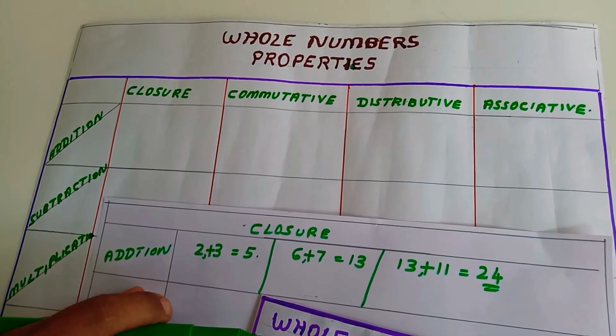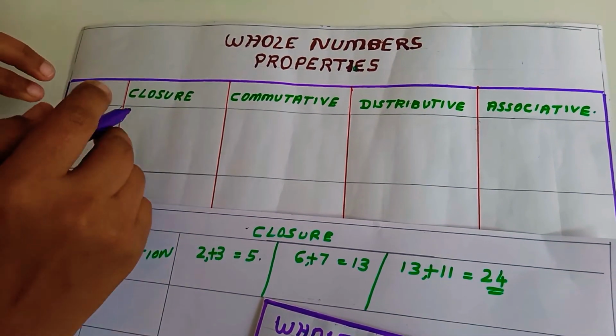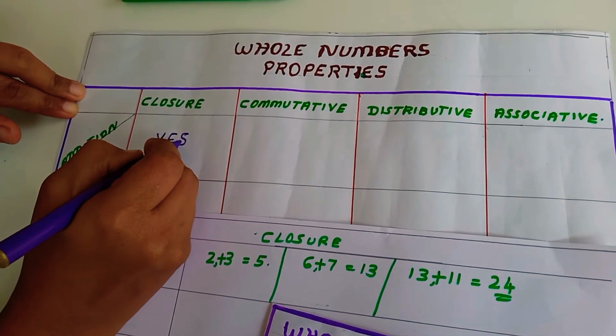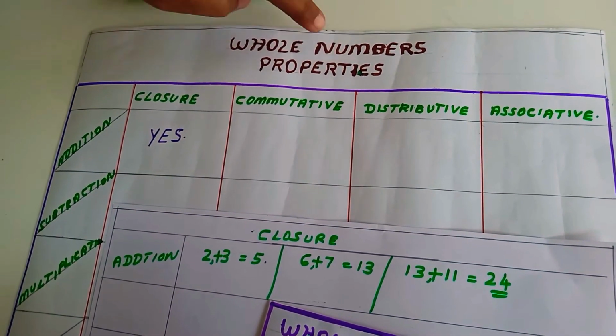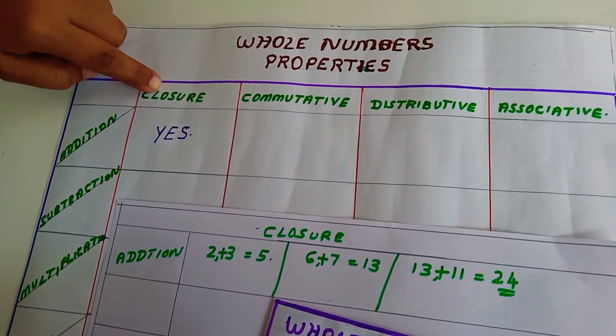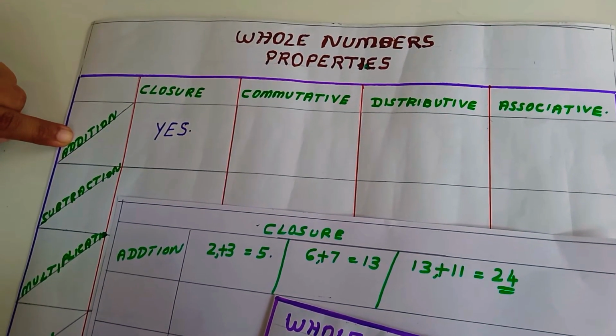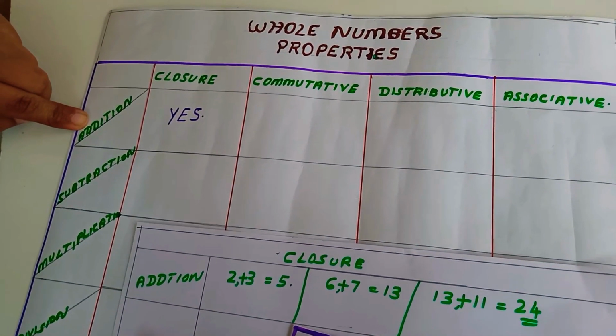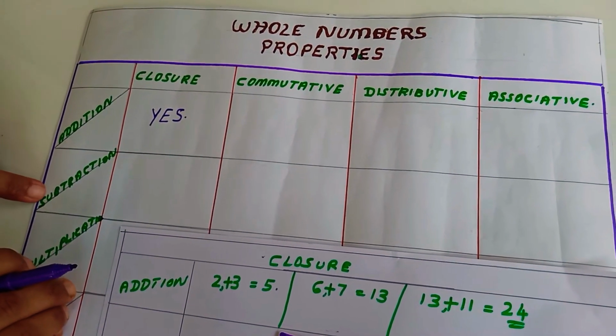So I can write here yes. Whole numbers satisfy closure property under addition. Okay, understood?